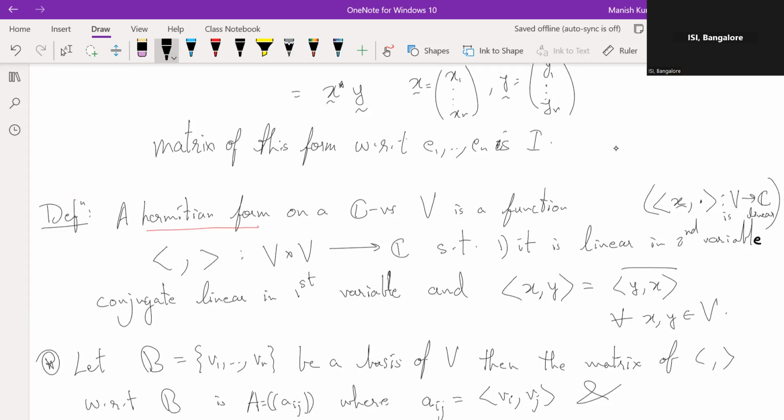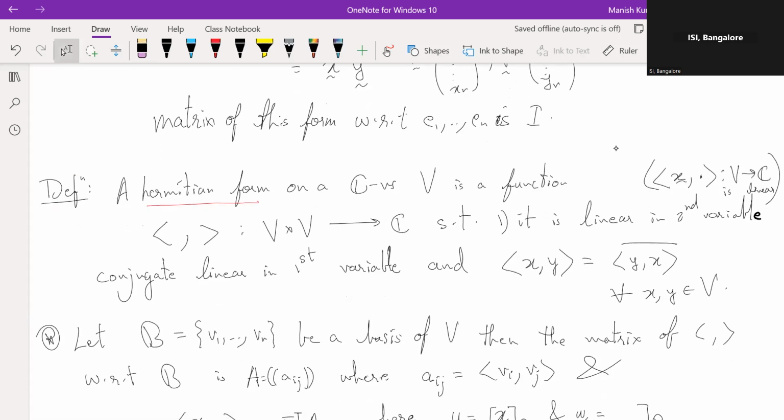Conjugate linear means it is additive, and so this means that for c x plus x prime, y, in one go you can write it as c bar times the pairing of x, y plus x prime, y.